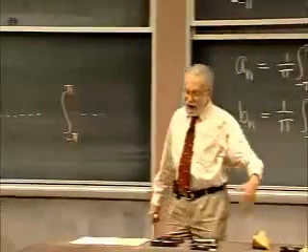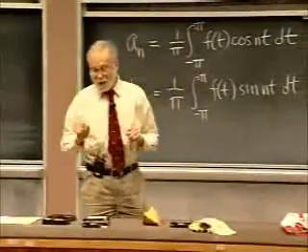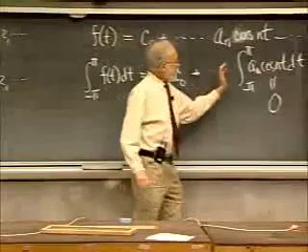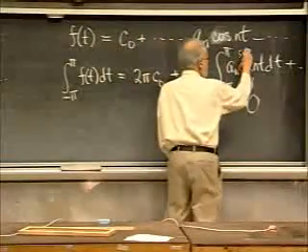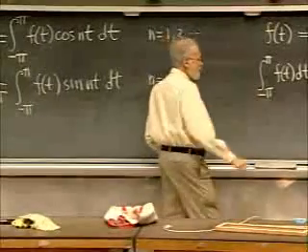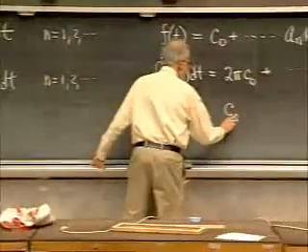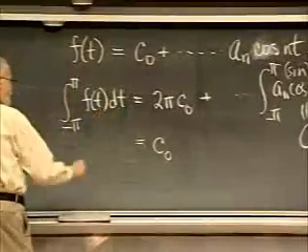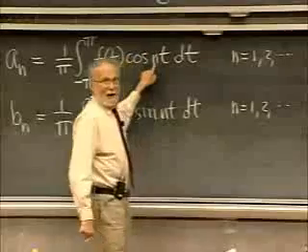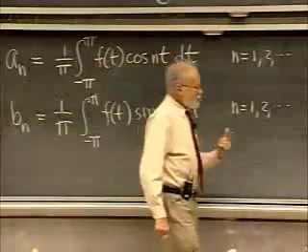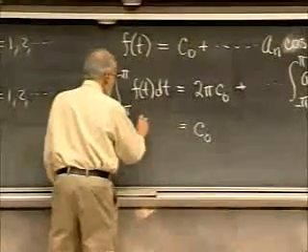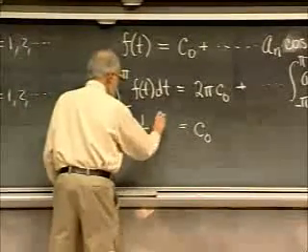There's as much area above the axis or below, or you can look at two special cases. Anyway, you always get 0. The same thing with the sine here. So the answer is that c0 is a little special. You don't just put n equals 0 here, because then you would lose a factor of 2. So c0 should be 1 over 2 pi times this integral.